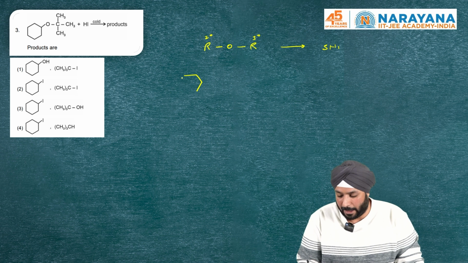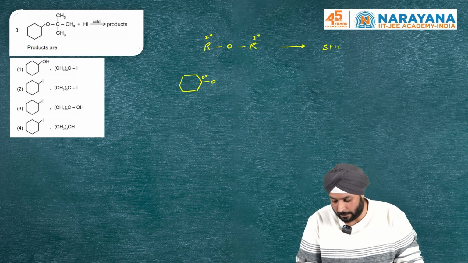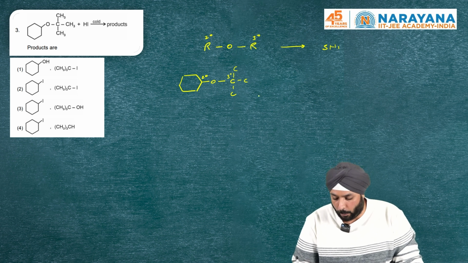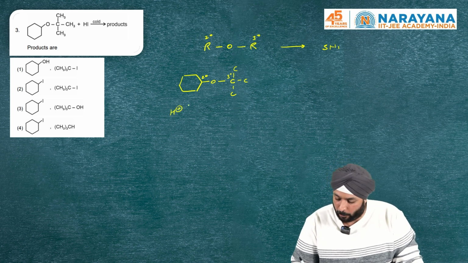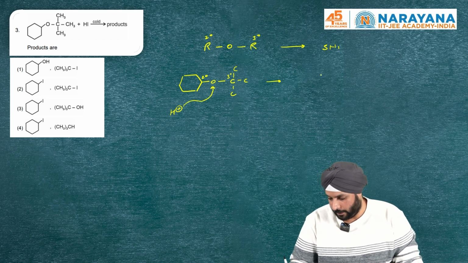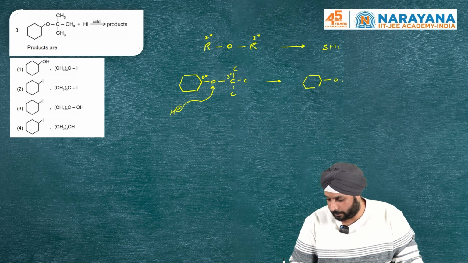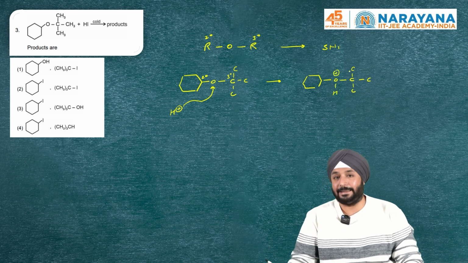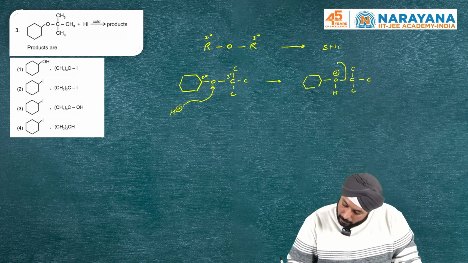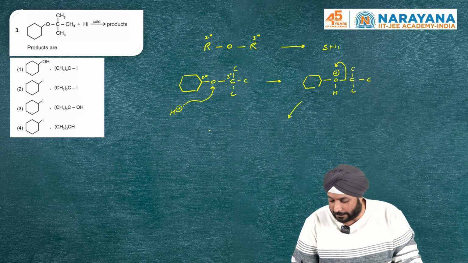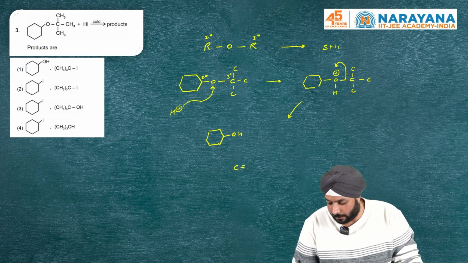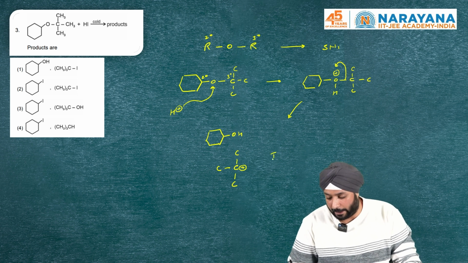I have a secondary alkyl group and a tertiary alkyl group, and when H plus activates oxygen into a good leaving group, as this is an SN1 mechanism, this bond will get broken, and it results in the formation of the most stable carbocation, that is tertiary butyl carbocation, which will be attacked by a nucleophile.